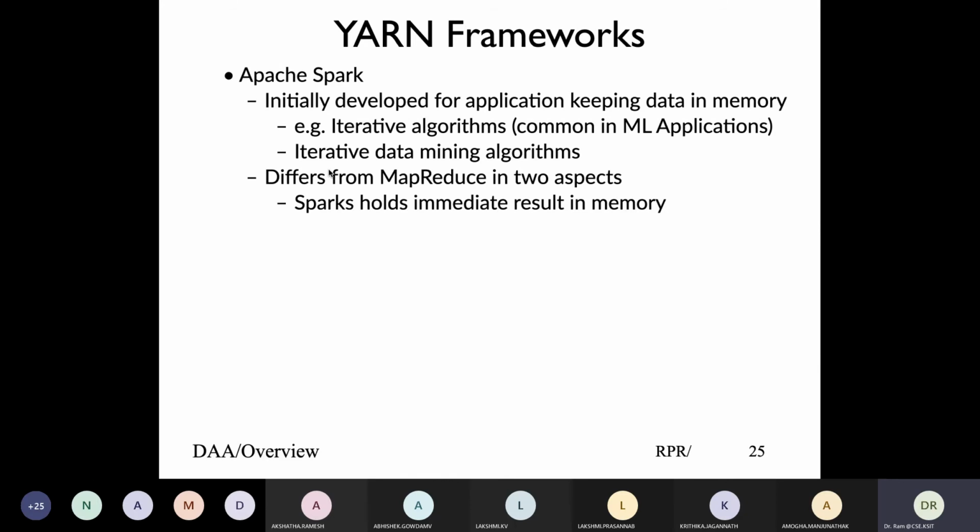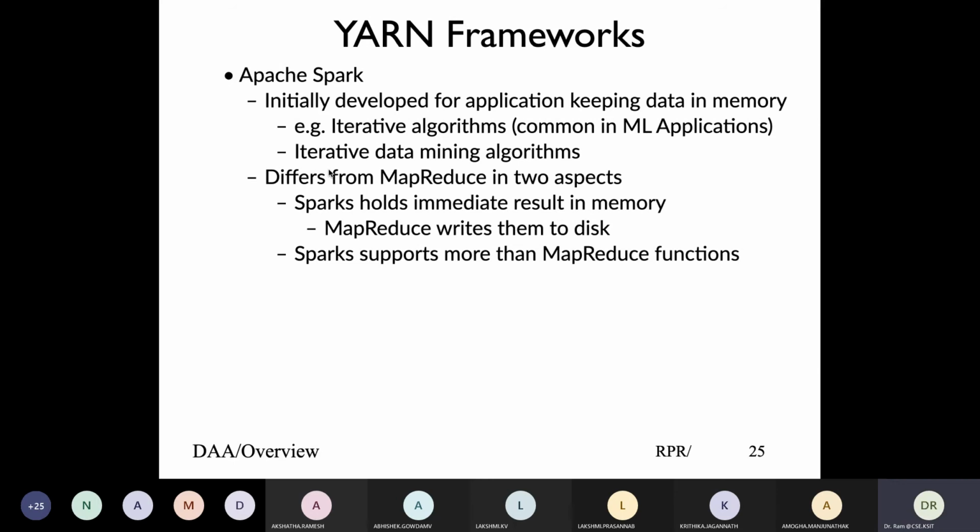It holds the result in memory, doesn't have to write to disk, and can give you more than MapReduce functions. MapReduce is basically mapper and reducer, but Spark gives you a general API which you can use in Java, Scala, or other languages, or use HDFS storage directly. In that sense, it gives you better.